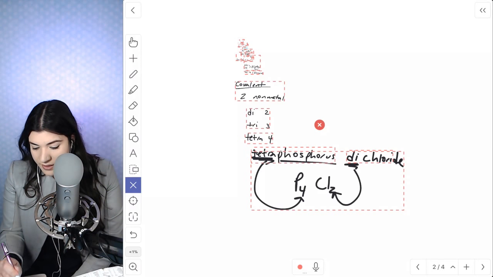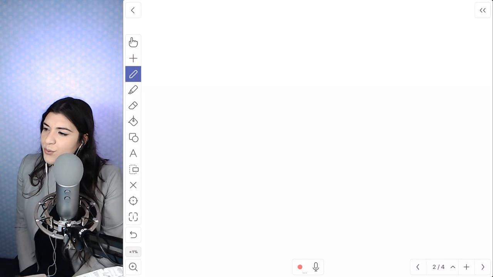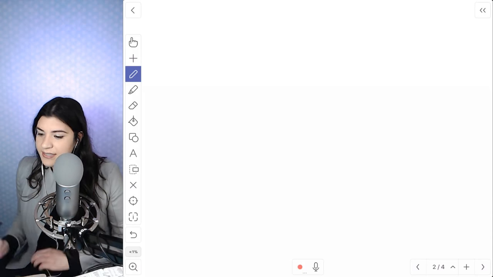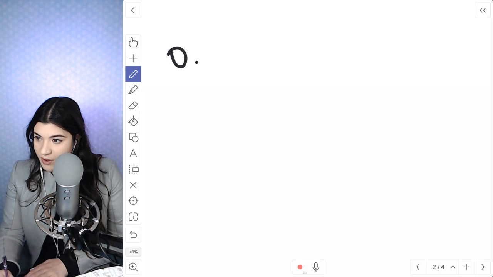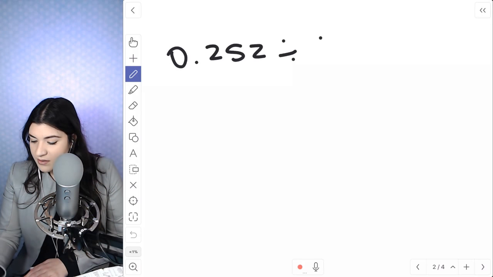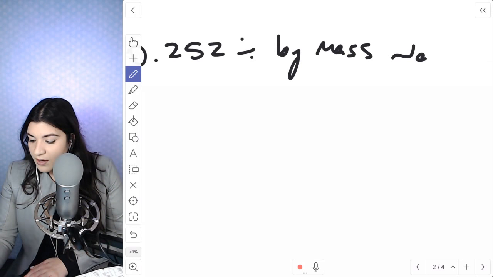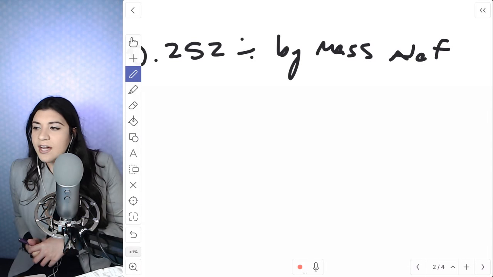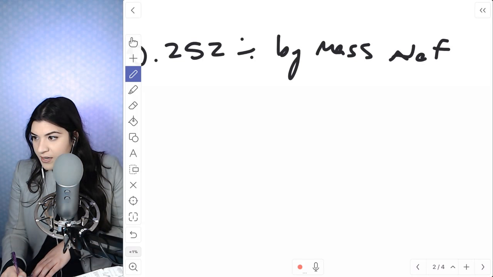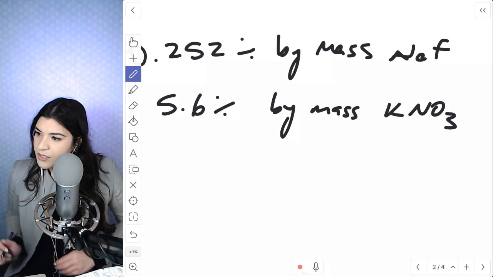Let's see what we got. Can you please explain Emil's conversion problem? A toothpaste contains, thank you for putting the question, by the way, 0.252% by mass of sodium fluoride, NaF, used to prevent dental caries, and 5.6% by mass of potassium nitrate, which decreases pain sensitivity.